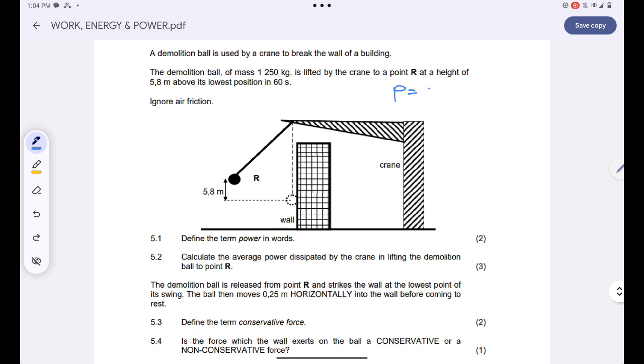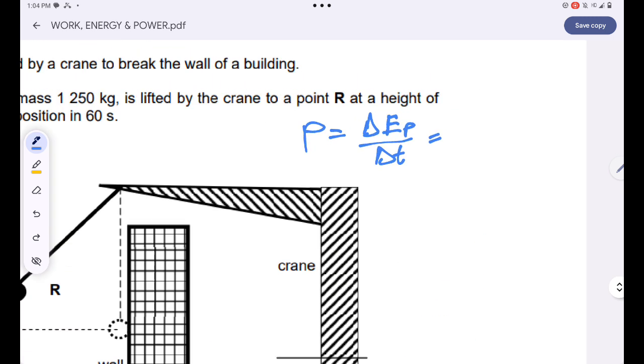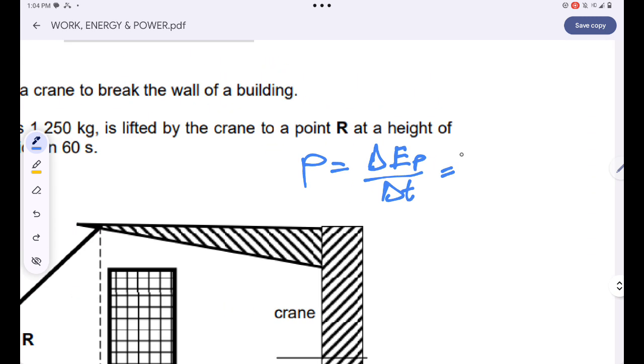So we can simply say it's change in potential energy, that's energy, over change in time. Are you together? So in this case, change in potential energy is just mg, final height minus the initial height, all over the change in time.